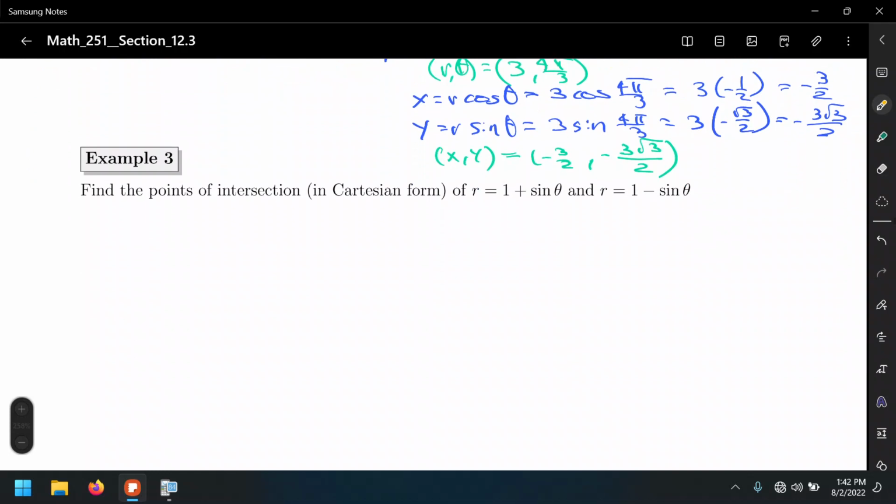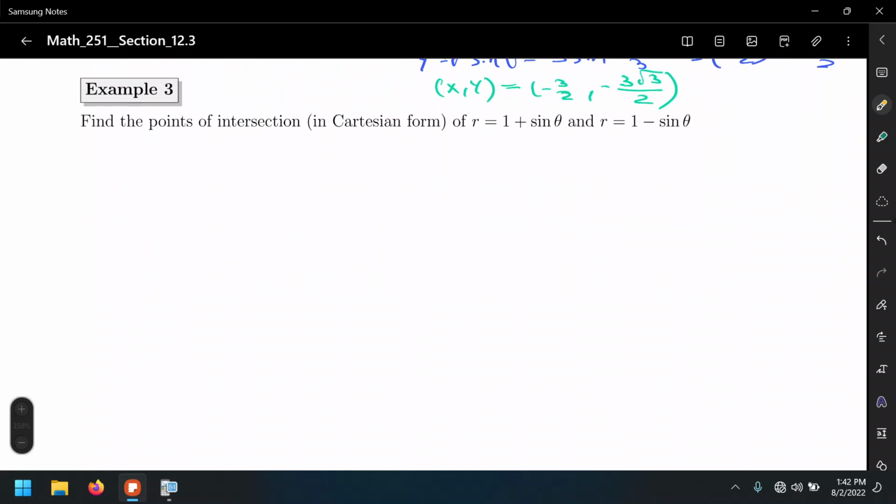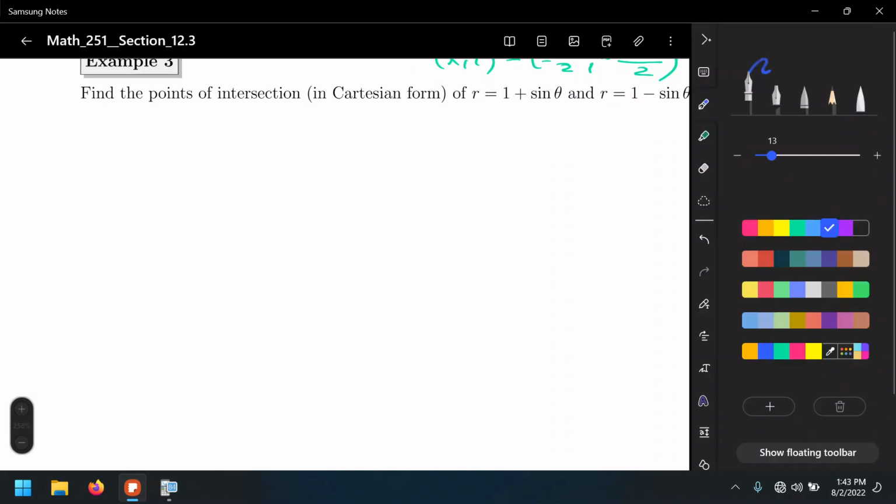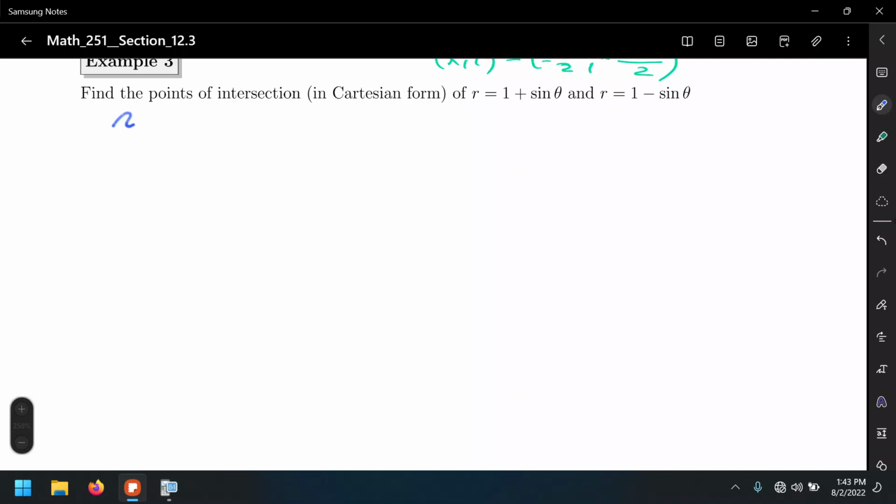All right. So let's do another example. Let's find the points of intersection in Cartesian form, and of course, first we find them in polar form, then we do the calculation for Cartesian form for this pair of functions. So let's see. We're going to set 1 plus sine equals 1 minus sine. Let's have all the sines on the right hand side.